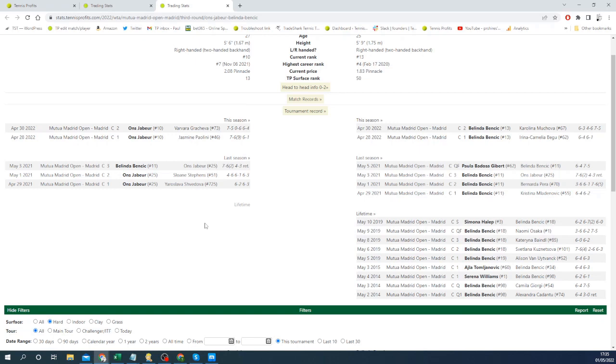So Jabeur doesn't have any other ones other than last year. 2019, Bencic made the semis, and nothing special before that. Second rounds, qualifying rounds, nothing special. But again, when you put everything together, so far I'm favouring Bencic.